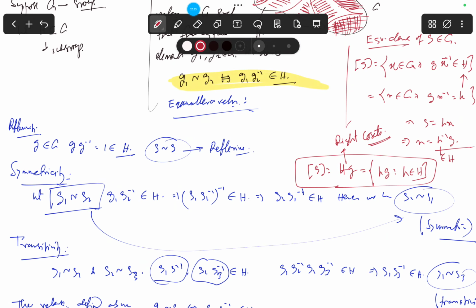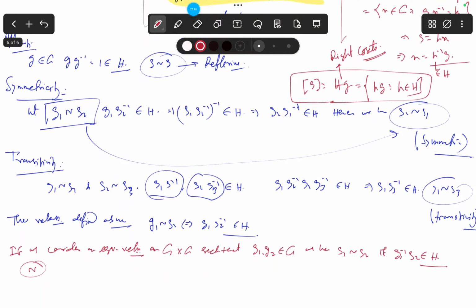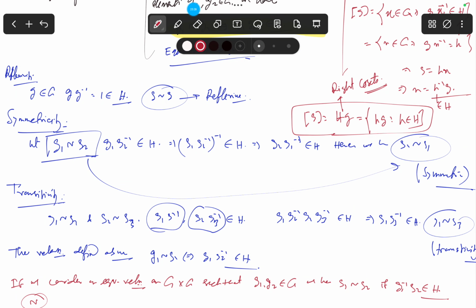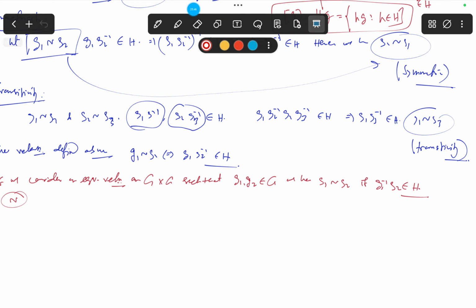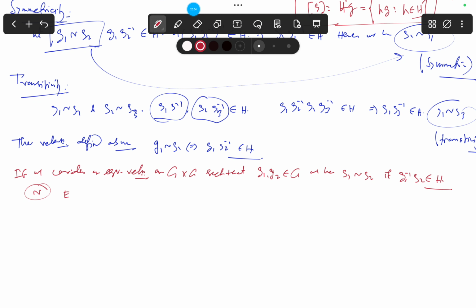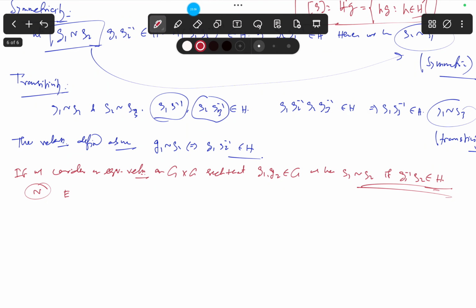In the last case, we considered the equivalence relation in such a way that the inverse of some element was on the right side. But here we have multiplied g2 with the inverse of some other element from the left. One can easily check that this relation is also an equivalence relation. In fact, you can consider it to be an exercise as well.